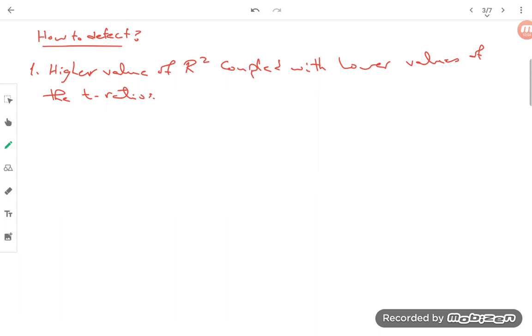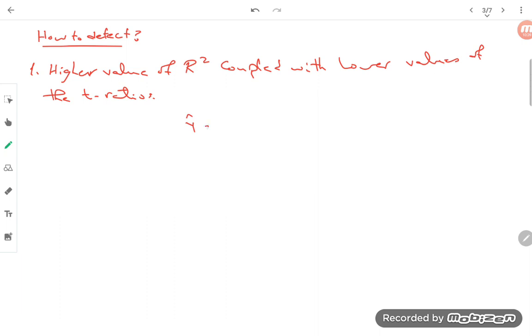And R squared shows the significance of the model, including the variables. So if it is high, this means that the variables explain a huge portion of the variation in y. So there is a contradiction in this case.